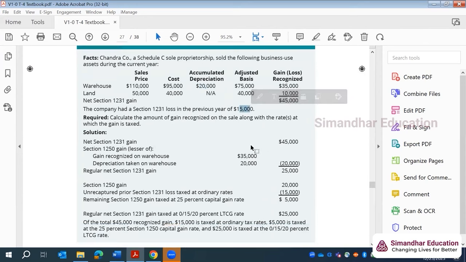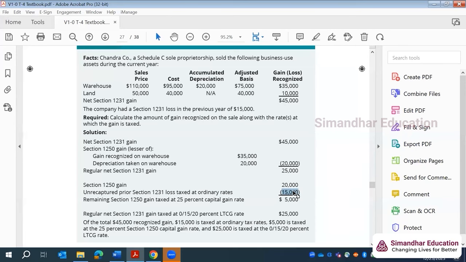Okay. So what are you going to do with this $15,000 of the section 1250 gain that you have for $20,000? You are going to treat $15,000 as section 1231 gain, right? So you have to offset this $20,000 by $15,000 of loss that you have taken. Now this $15,000 ordinary loss helped you to reduce your ordinary income, right?